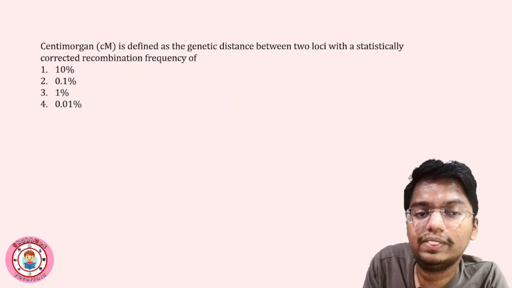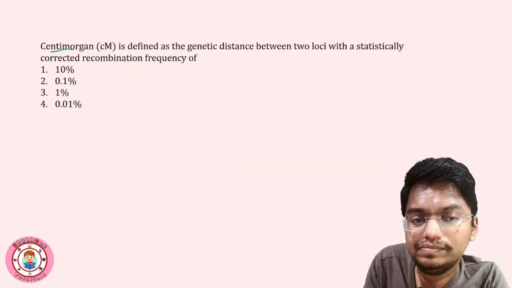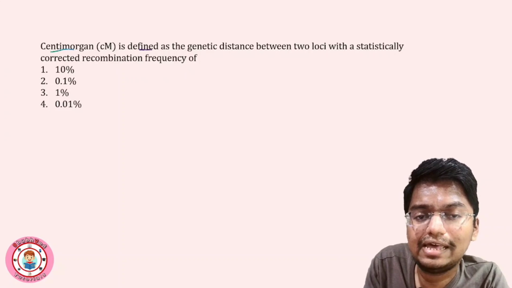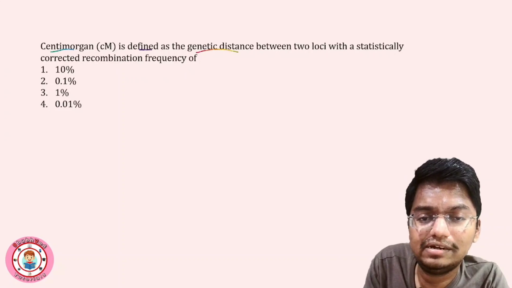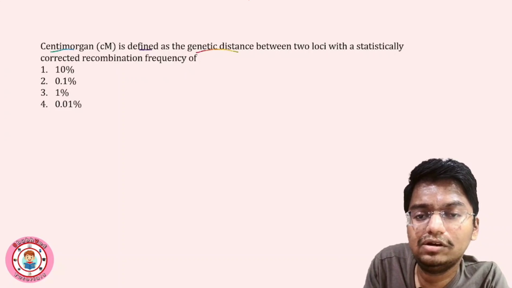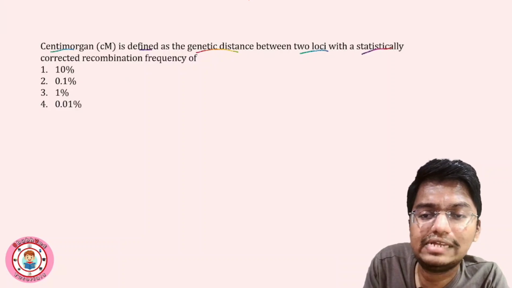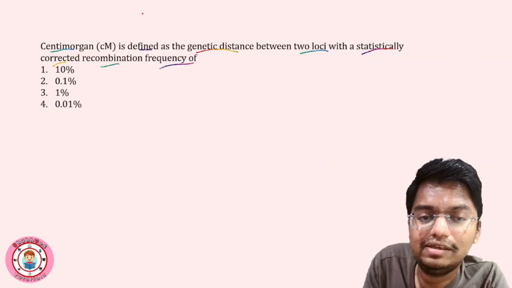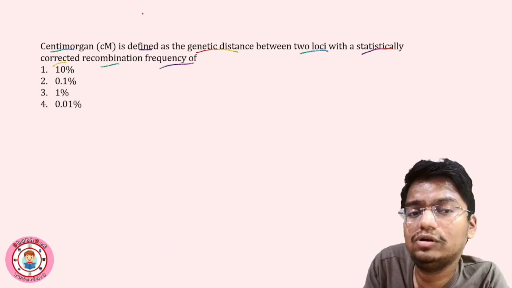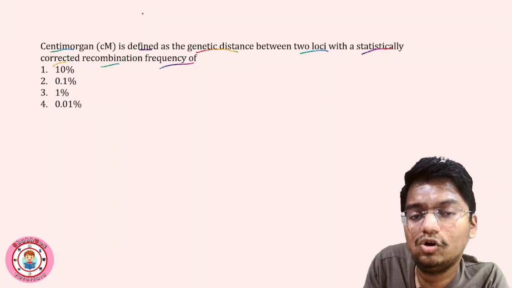Next question, which is the last one. Centimorgan is defined as the genetic distance between two loci with a statistically corrected recombination frequency of. See, genetic distance in centimorgans is related to recombination frequency, that is the percentage of recombination.